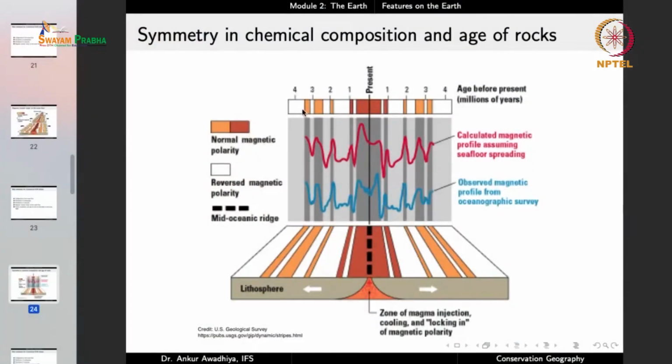Another thing that we find is that as you move away from the mid-oceanic ridges, the rocks get older. So these rocks were made very long back, then these rocks were made, then these rocks were made, and these rocks are the current rocks. Now add this with the information that you are having volcanic eruptions in this place, telling you that rocks are getting formed in this place by the cooling of magma.